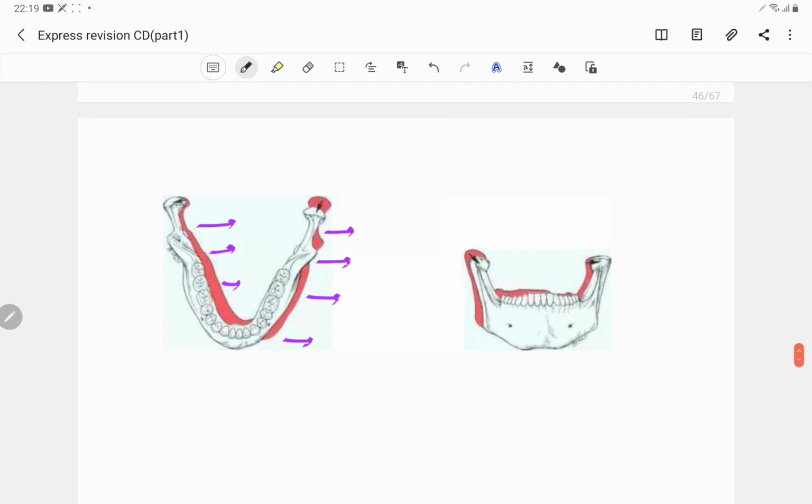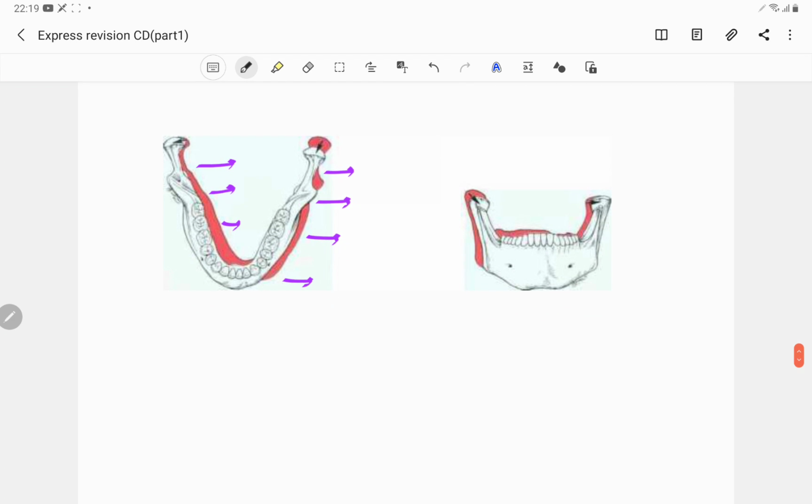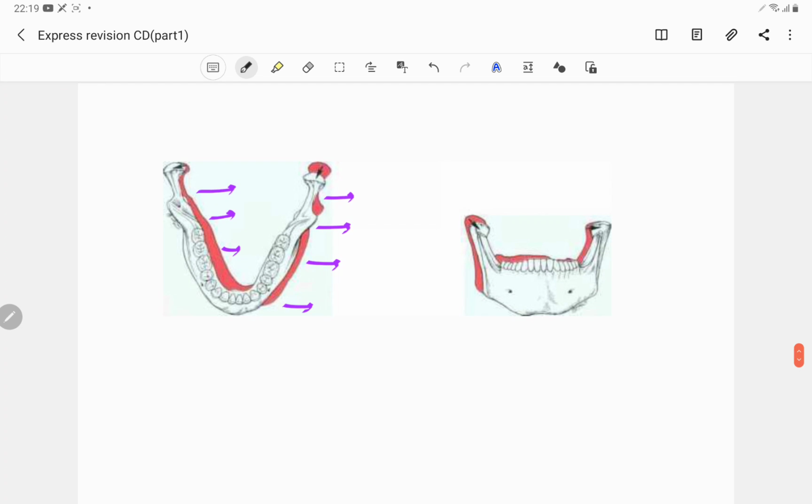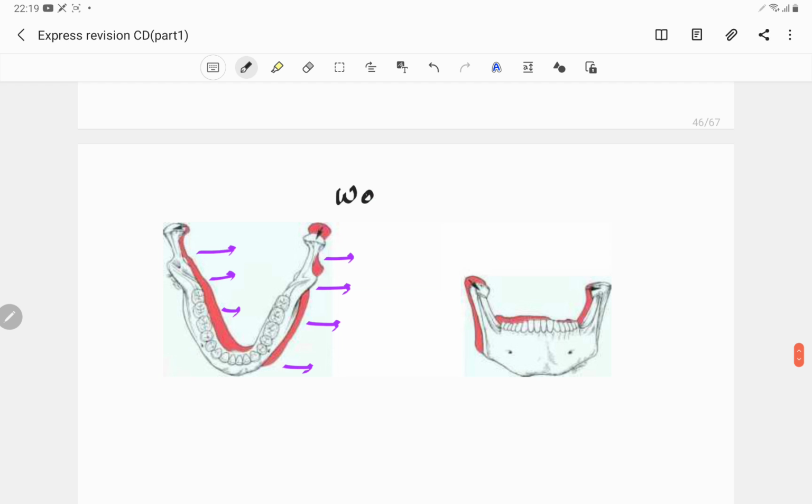While the patient is doing the lateral movement, there is going to be lateral shifting of the mandible from the movement of the condyle along the lateral inclines of the teeth. So this is the working side. This particular side is the non-working side, right?